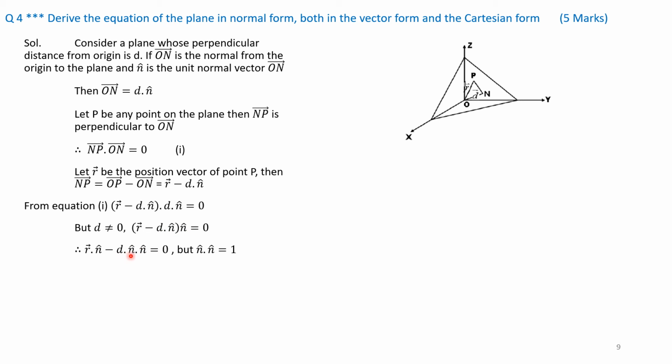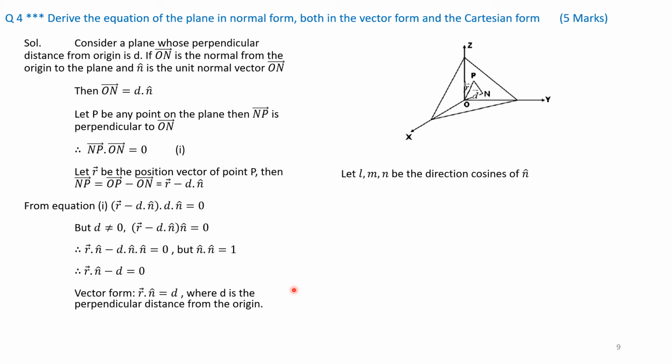But n cap dot n cap is equal to 1. Therefore, R dot n minus d equals 0. That is, R dot n equals d is the vector form of the equation of a plane in the normal form from the origin, where d is the perpendicular distance from origin.